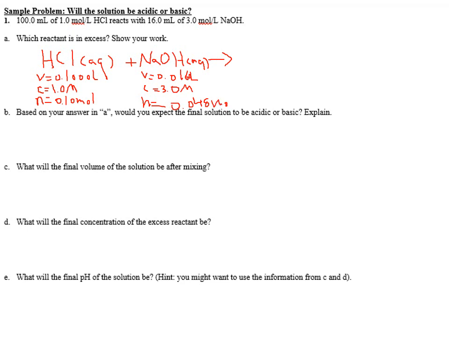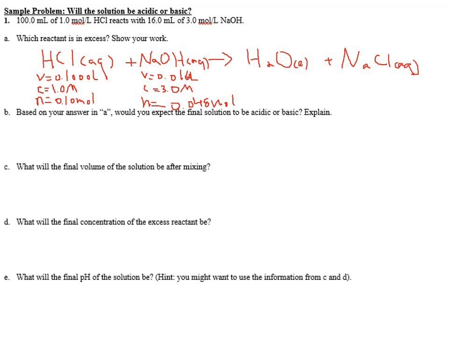I'm going to finish the reaction up just to get the right molar ratios here: H2O liquid, and then our salt forms as well, plus NaCl aqueous. It's a 1-to-1 ratio everywhere.